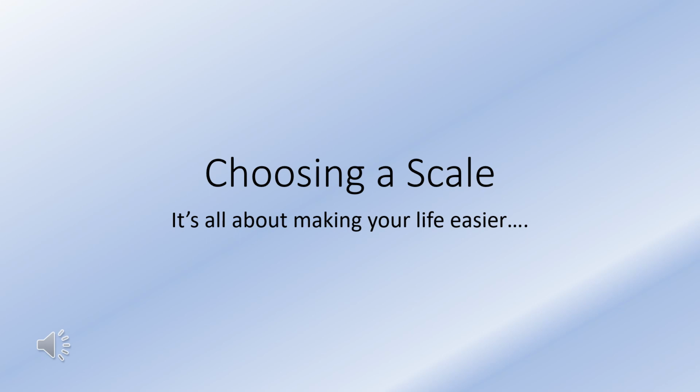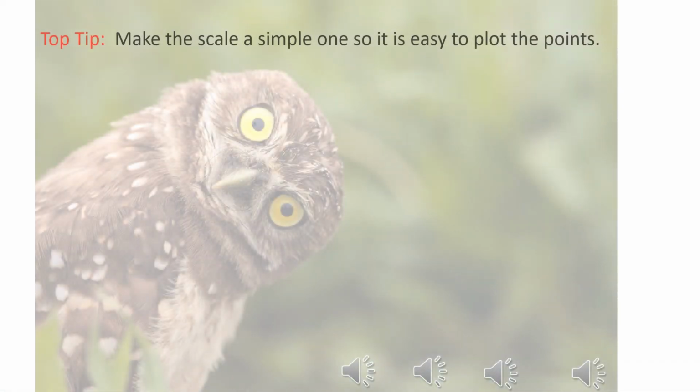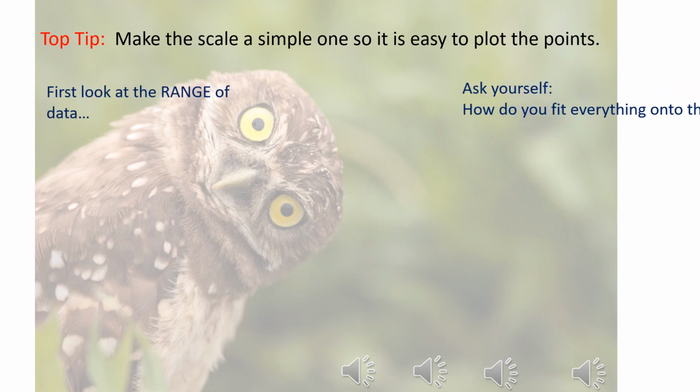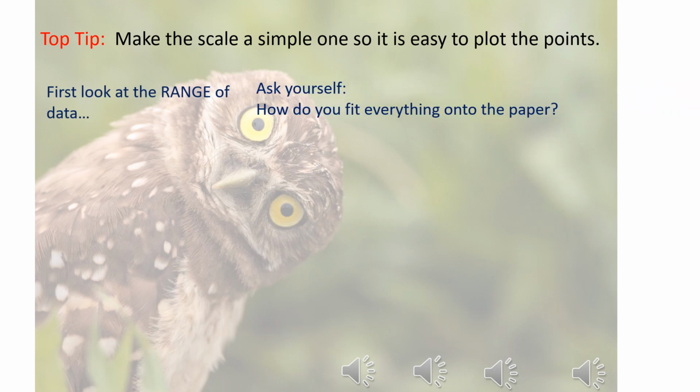Okay, so the next question is how to choose a scale for your axes. A good choice will make it much easier to plot. So, look at the range of data. Aim to fill as much of the paper as possible.